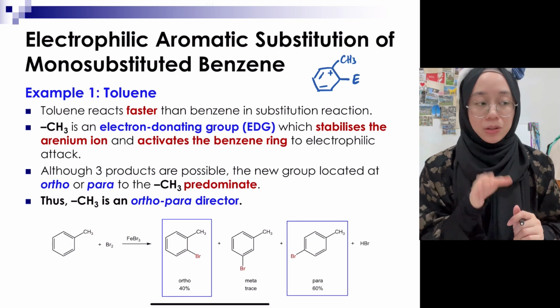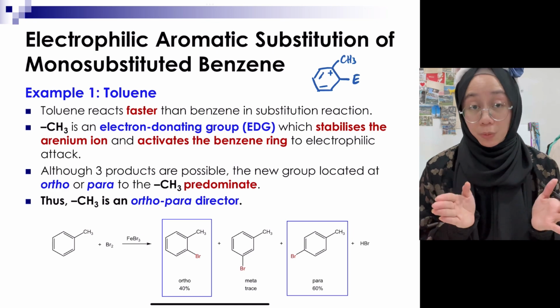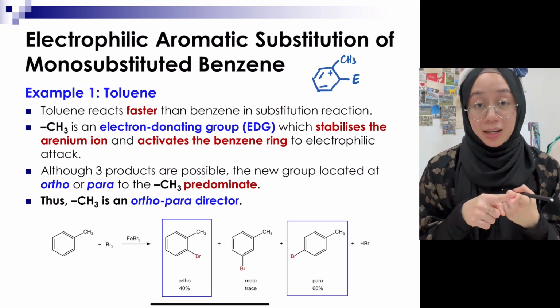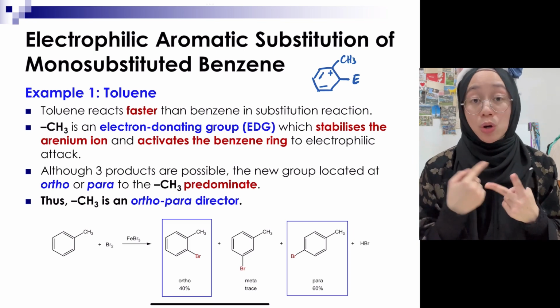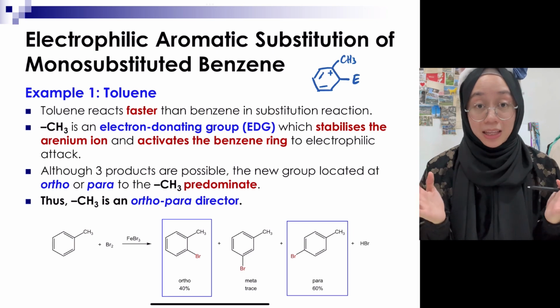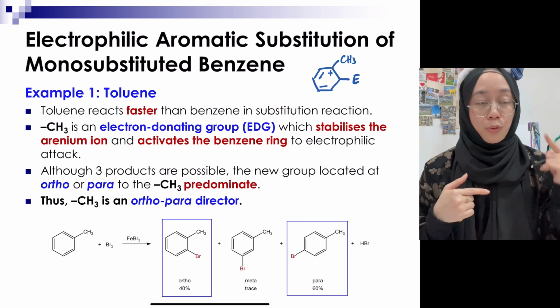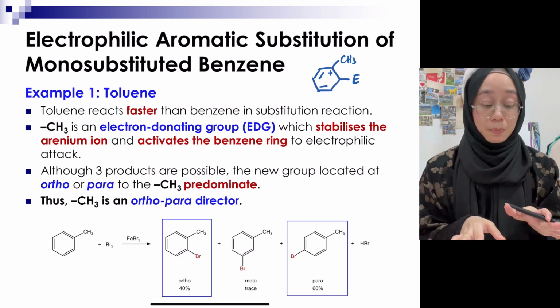This does not apply only to methyl, but to all alkyl groups. If we have ethyl on the benzene ring, it will be an ortho-para director. If we have isopropyl, isobutyl, cyclopropyl, any alkyl group will make the second substituent enter at ortho or para. So this is the first example, toluene.